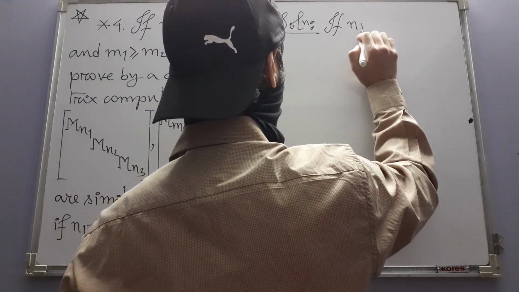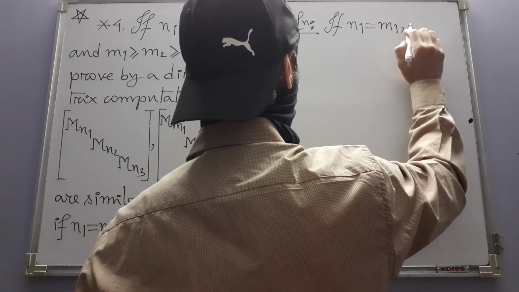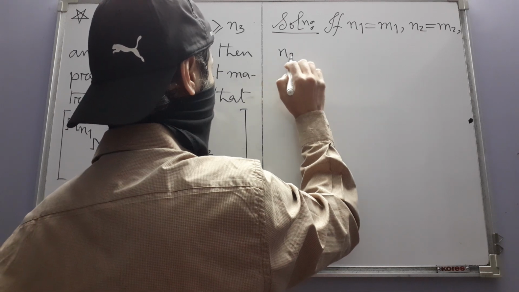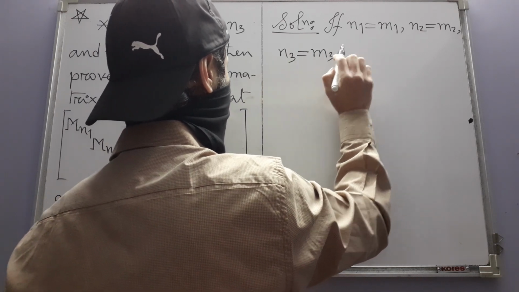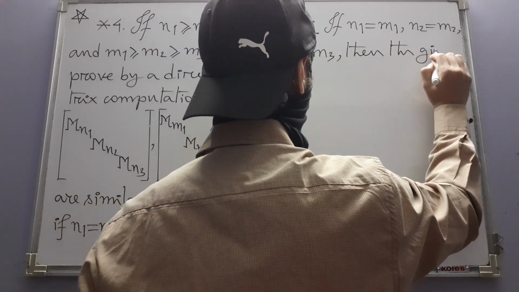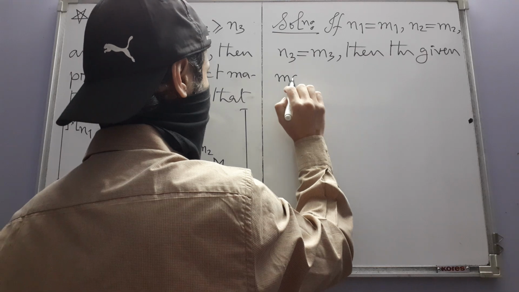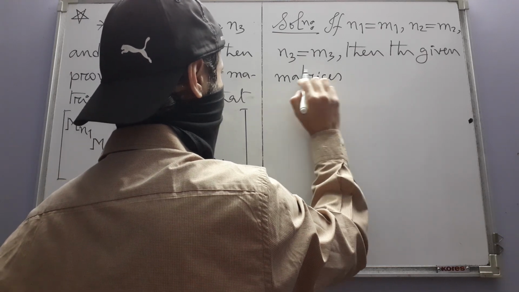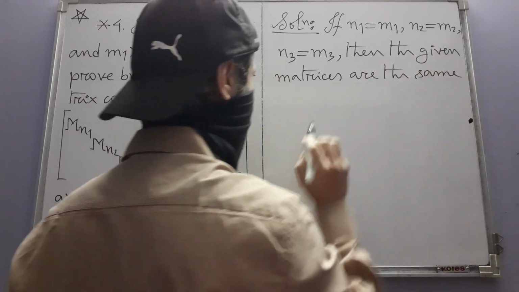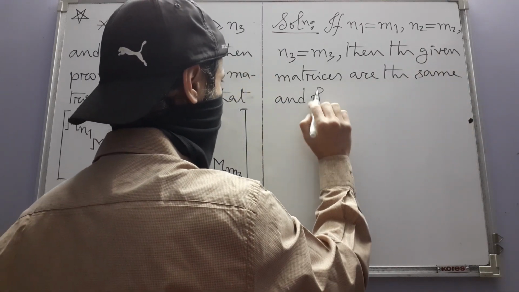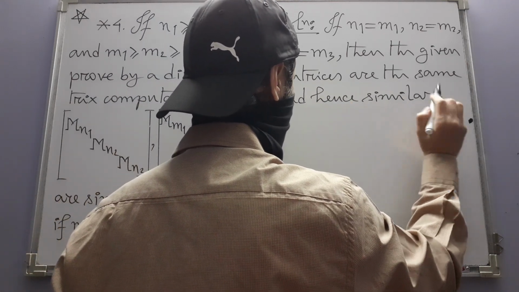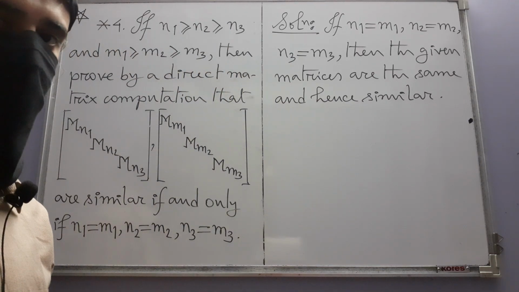If n1 is equal to m1, n2 is equal to m2, and n3 is equal to m3, then the given matrices are the same and hence similar as well, because similarity as an equivalence relation is also reflexive.